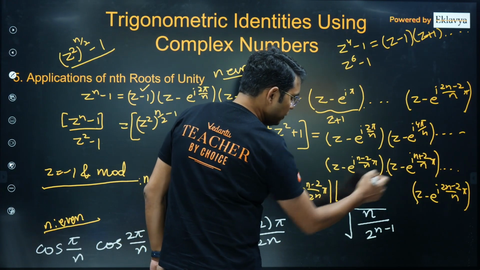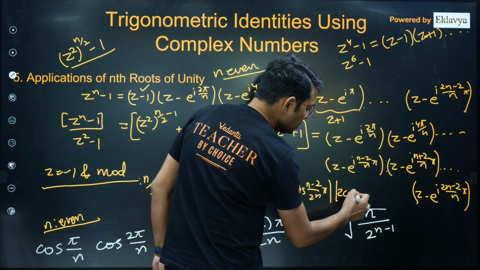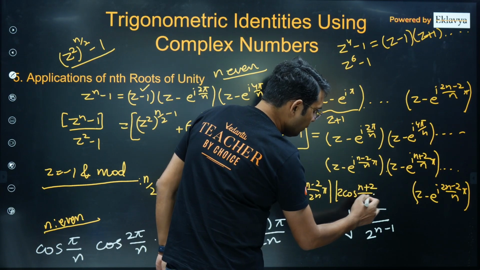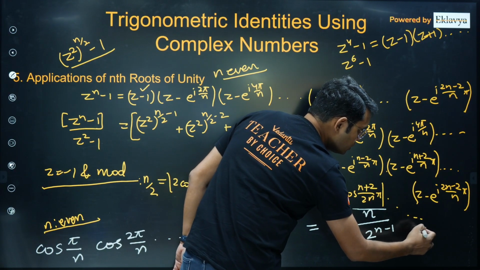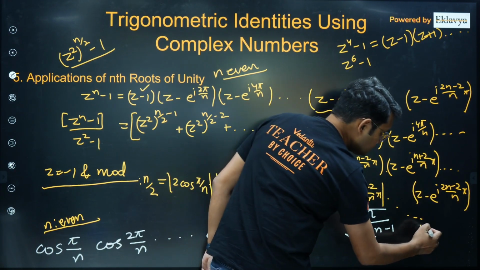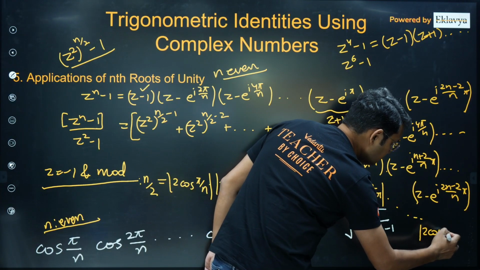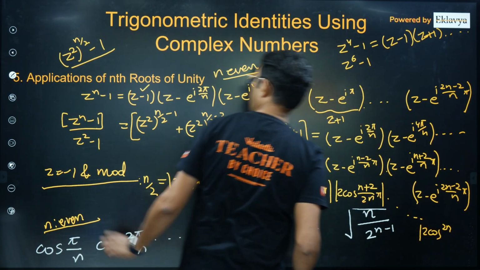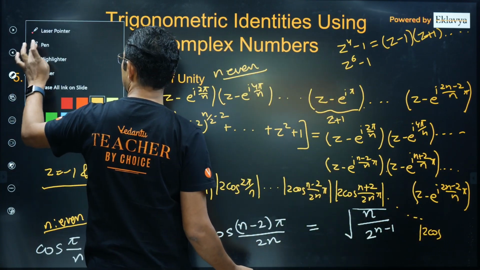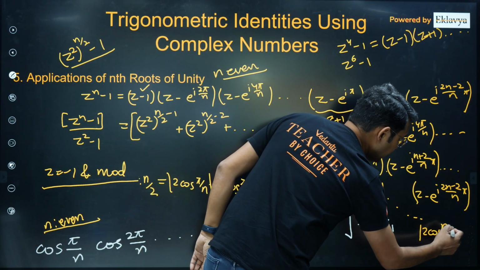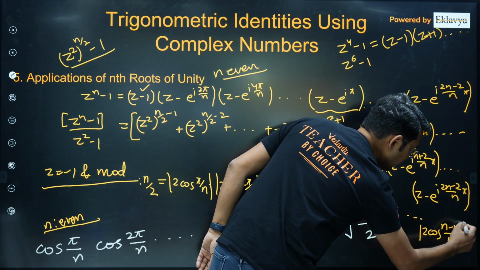This one will be 2 cos n plus 2 upon 2n into pi, and so on. Small space, so I have to finish it with this only. I can write this as 2, I can cancel, so that will be n minus 1 upon n into pi.